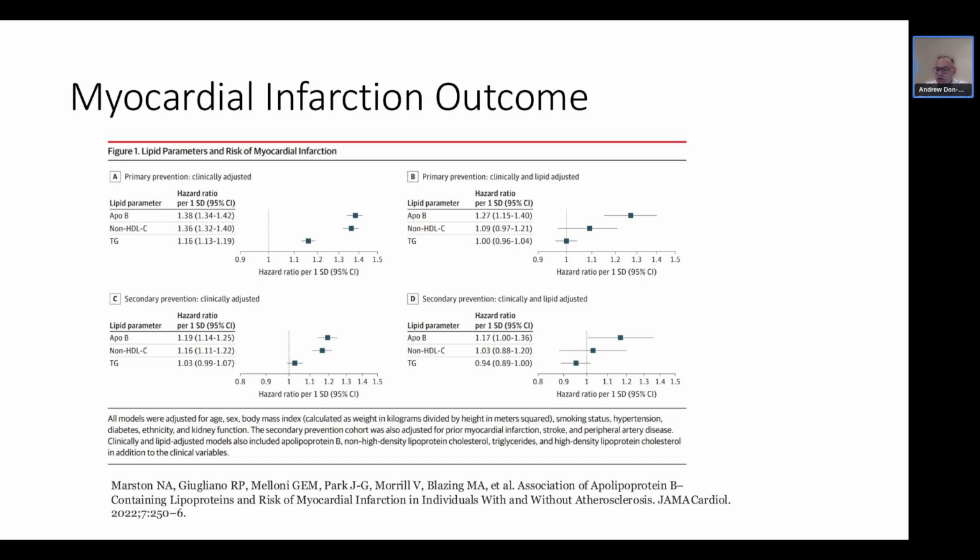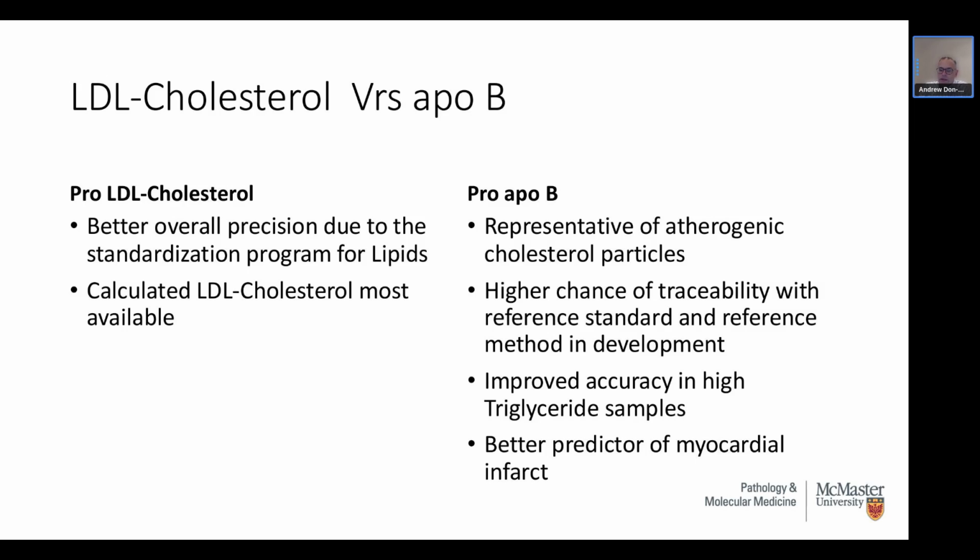So this is quite interesting, but it certainly, to me, points to the fact that your atherogenic particles, which we know from biology are related to ApoB, those ApoB measurements are predicting myocardial infarct better through these models that are built through this clinical trial data. So in this case, I will add that, in my opinion, the apolipoprotein B is a better predictor of myocardial infarction than LDL cholesterol.